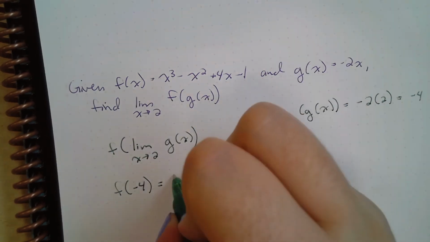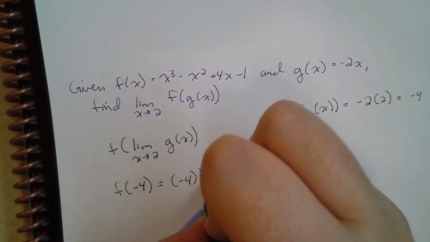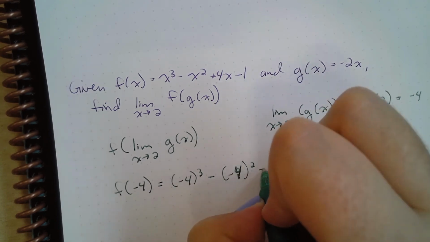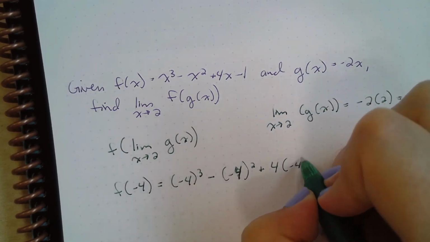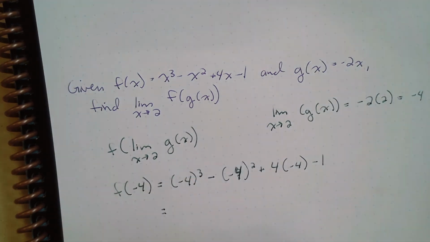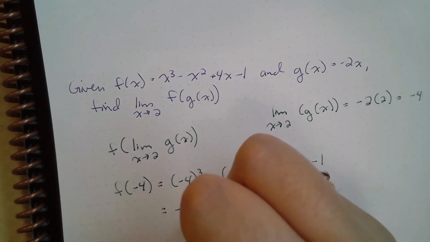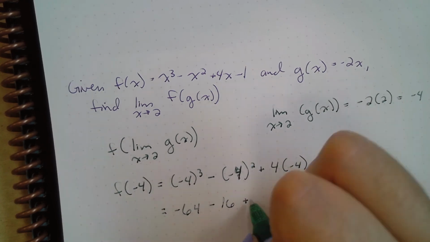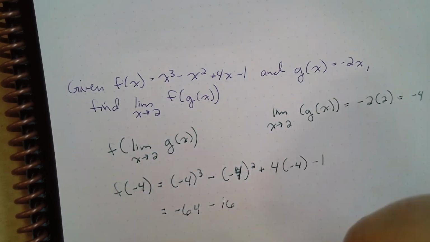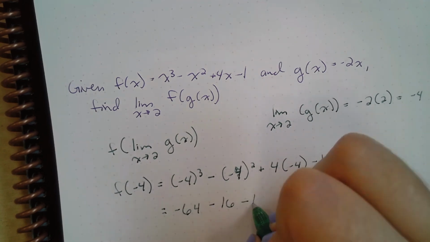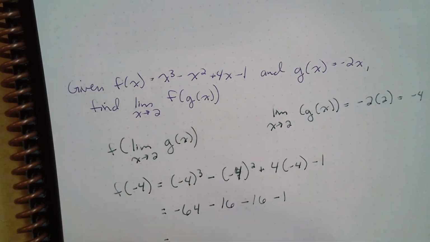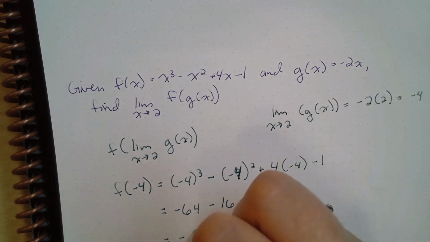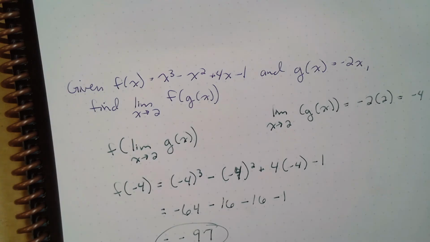So that's going to be negative 4 cubed minus a negative 4 squared plus 4 times negative 4 minus 1. So it's going to give us negative 64 minus 16, minus another 16, minus 1, which if you add up should be negative 97.